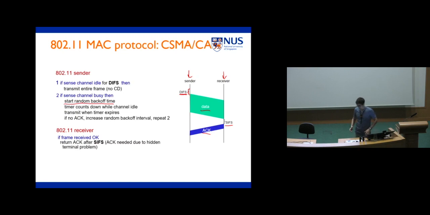So it generates a pseudo-random variable, let's say 16 milliseconds, and it waits for 16 milliseconds. And after that timer ends, it transmits. Again, if there is acknowledgement, that's fine. If there is no acknowledgement, we then increase the backoff time.